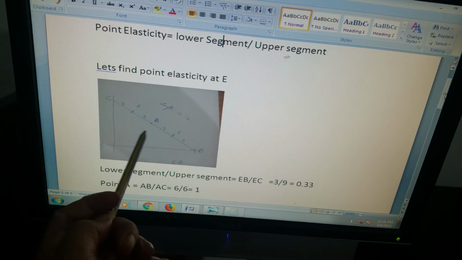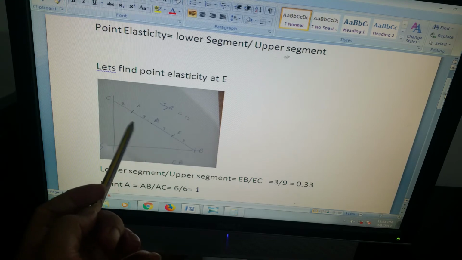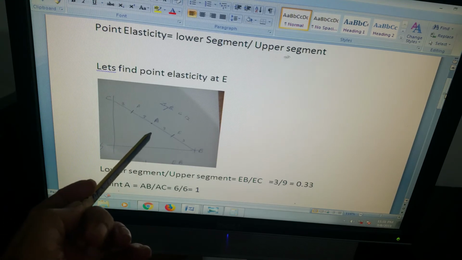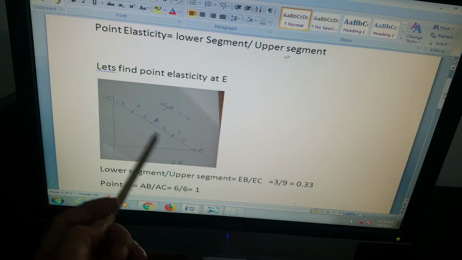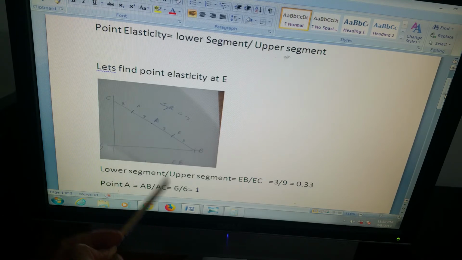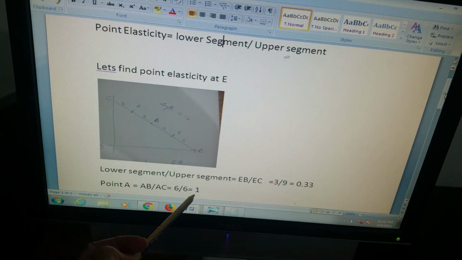Alright, let's come to point A. Point A divides the line equally in two parts. So the lower segment and the upper segment will be the same length. The lower segment is AB, 6. The upper segment is AC, which is also 6. And the elasticity is 1.